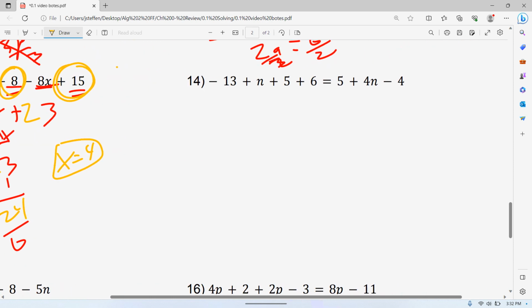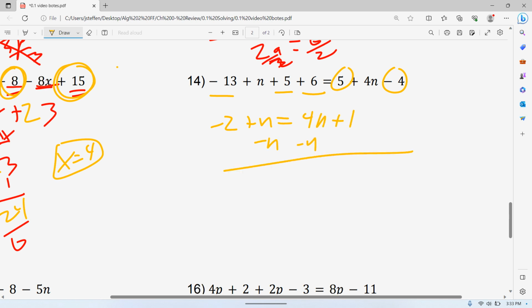A lot of combining here. We have negative 6. Again, you're not doing those across the equal sign, so you're not subtracting 6 from both sides, like you're not doing minus 6 minus 6. That's not right. You just combine them. So negative 13 plus 5 plus 6 is negative 2. So that is 4n plus 1.